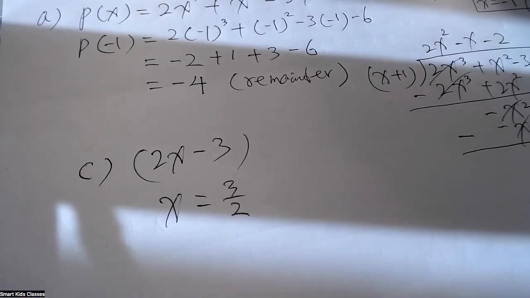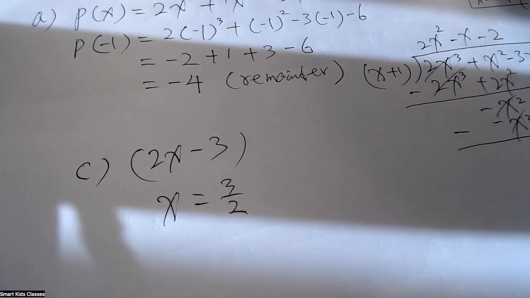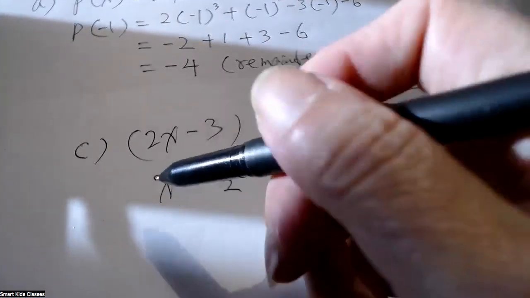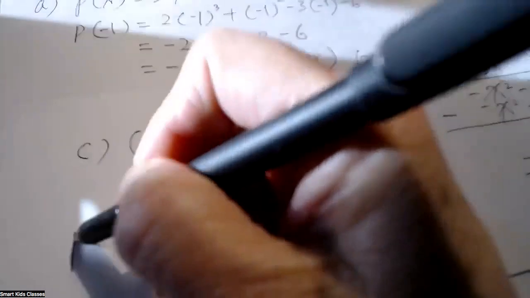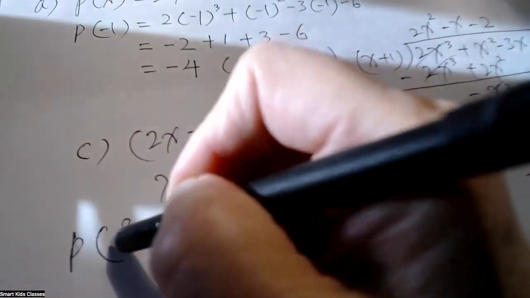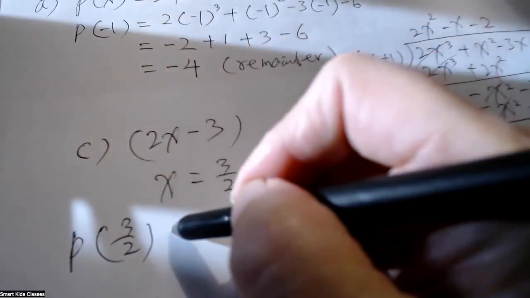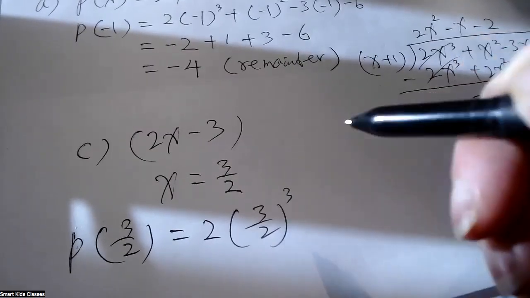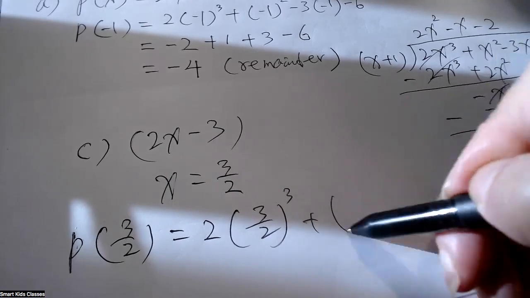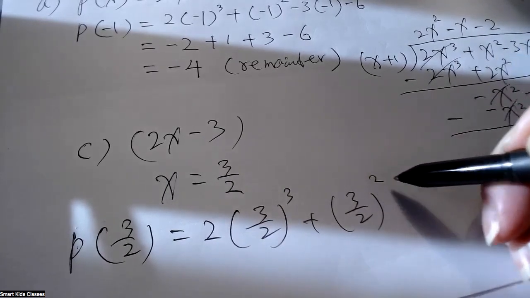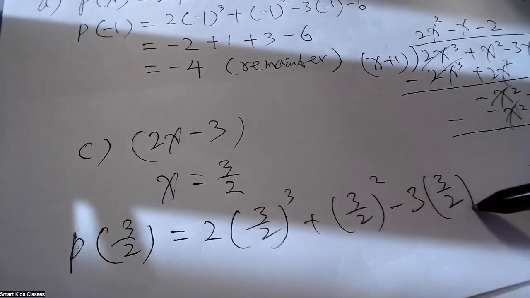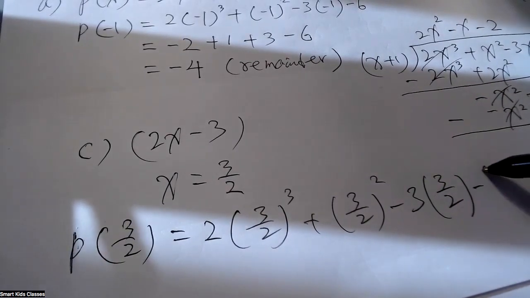So if x equals 3/2, we are going to find the remainder. So we continue with substitution into P at 3/2. It's equal to 2 times (3/2)^3 plus (3/2)^2 minus 3 times 3/2 and minus 6.